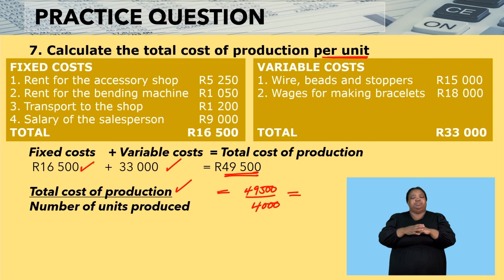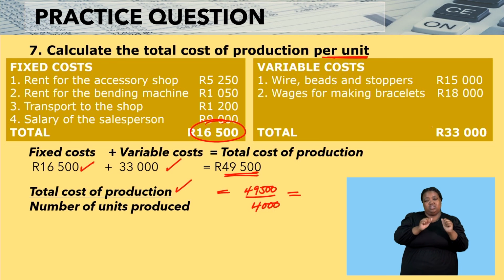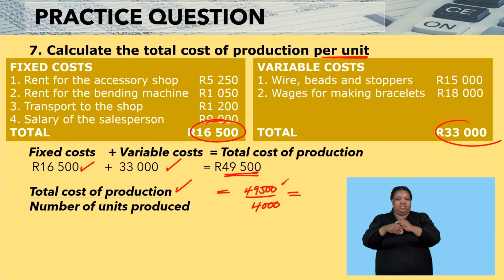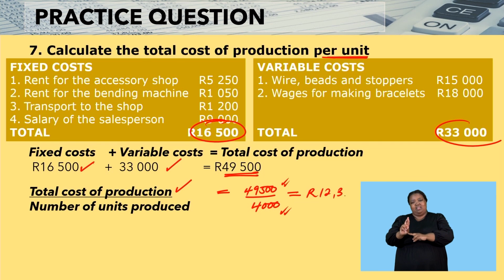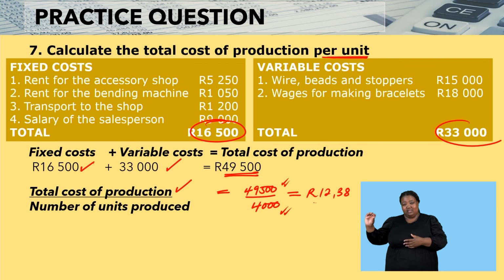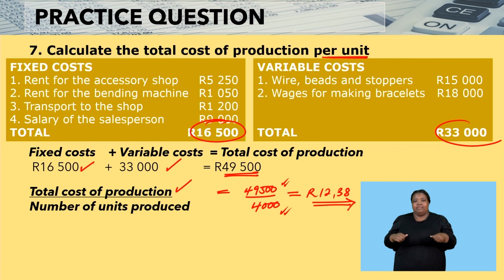So 49,500 divided by 4,000 gives me 12 Rand 38 cents. Once you get the 12 Rand 38 cents, you have calculated the total cost of production per unit.